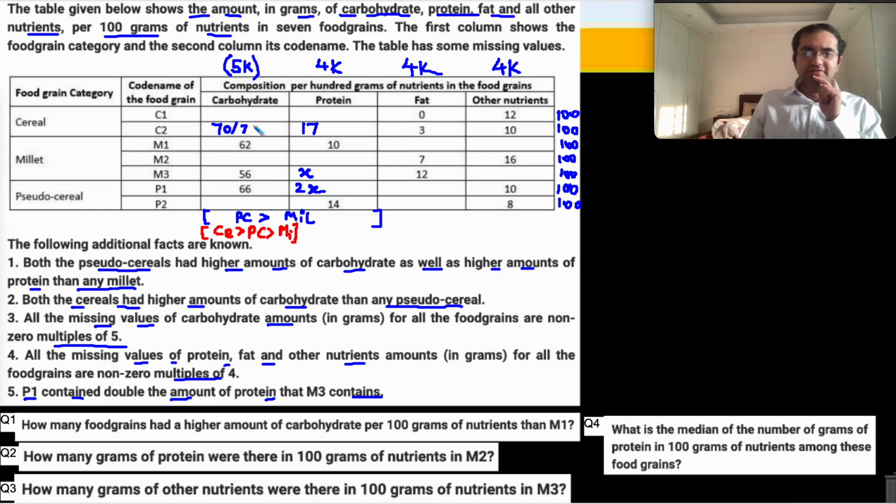So let's try 75. If you put a 75 over here, you have 13 over here, that's 88. That means 12 will come here. This is working. 75 and 12 is working over here. We'll erase this and we'll put 75 and 12.